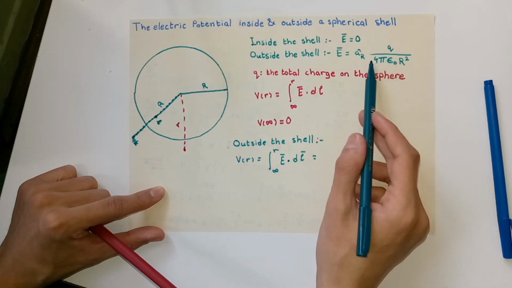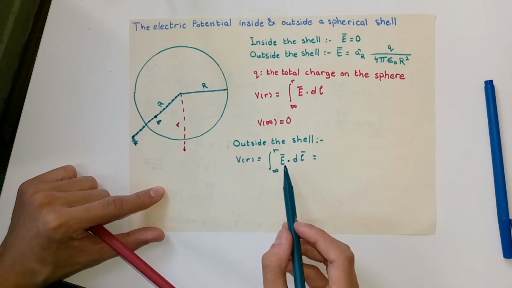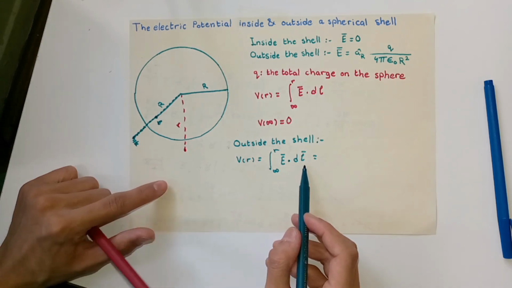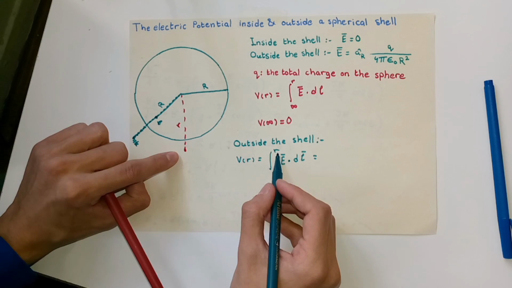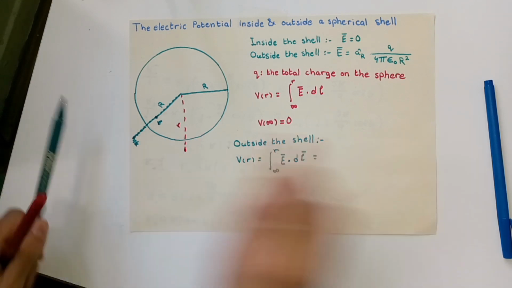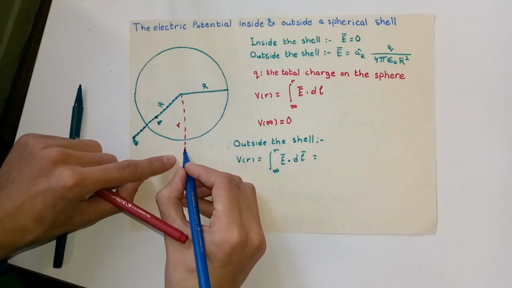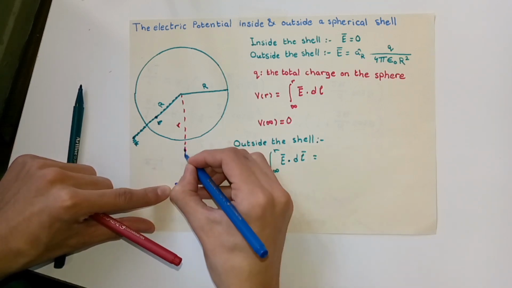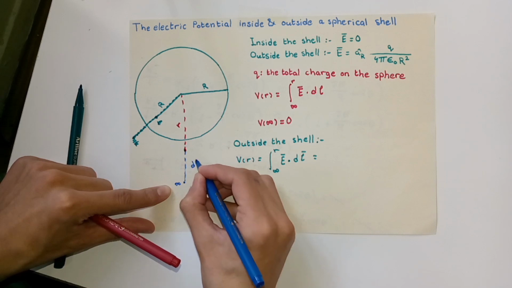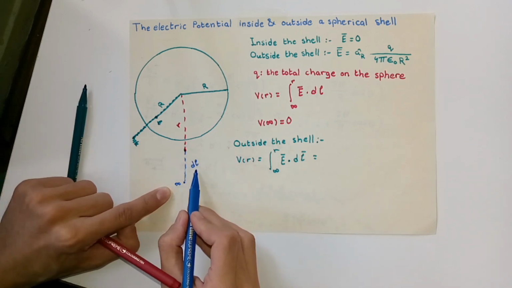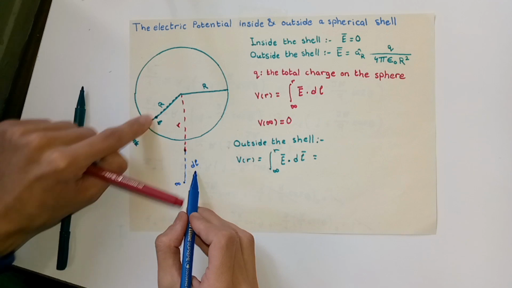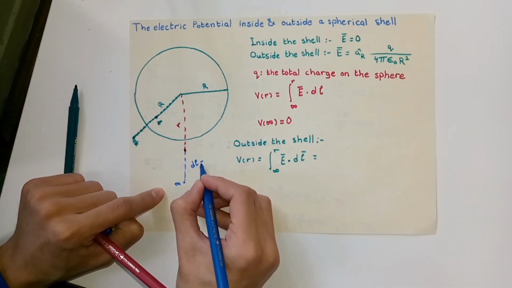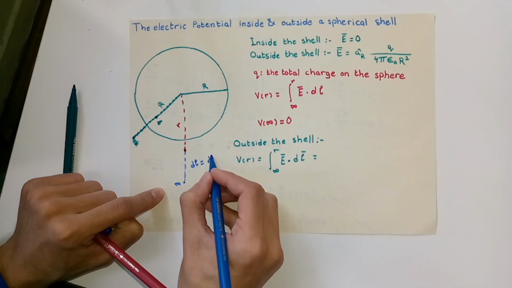We will assign the right hand side of this equation to this equation, and regarding the path, this path will start at r, namely this point, until infinity. Okay, let's say infinity is there, so this is the path. And as we see, this path is aligned with the radius of this sphere. Okay, this path is radial, so this differential path is dr.